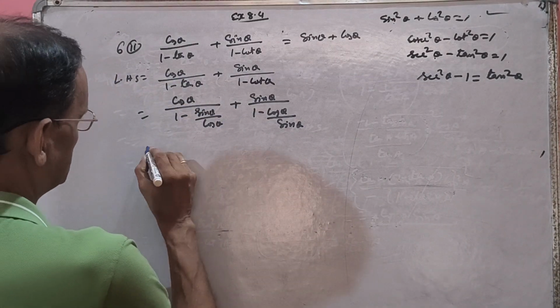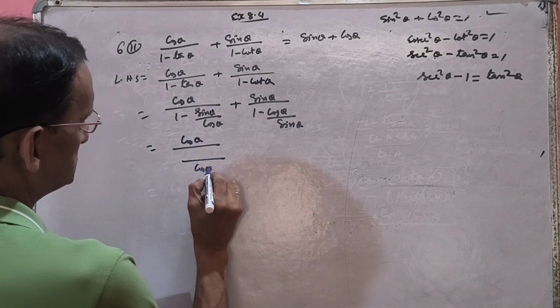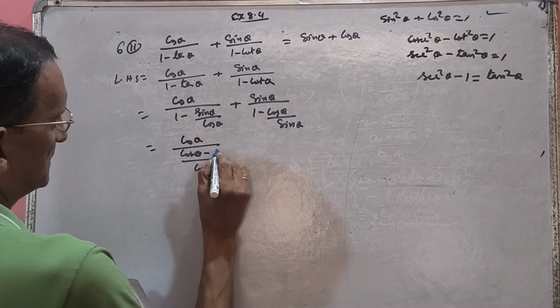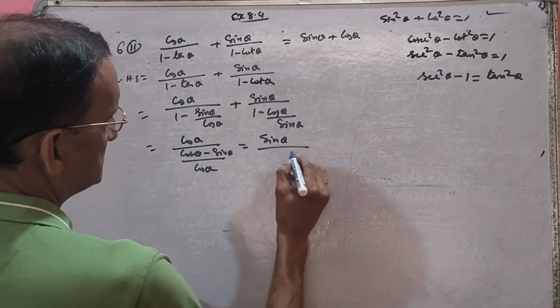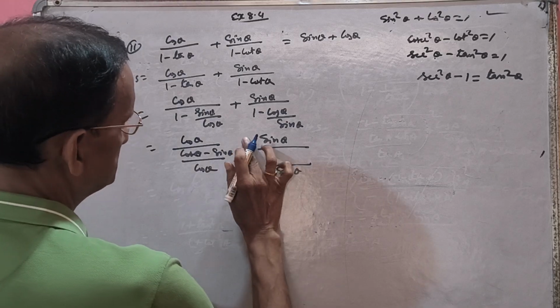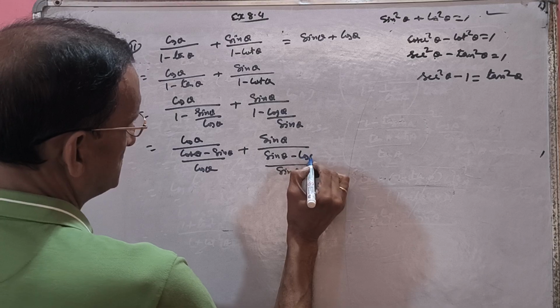Now simplification. This is what? Cos theta by, what is the LCM here? Cos theta. What do we get here? Cos theta minus sin theta. This is sin theta. What is the LCM in the denominator? Sin theta. So what we will get? Sin theta minus cos theta.